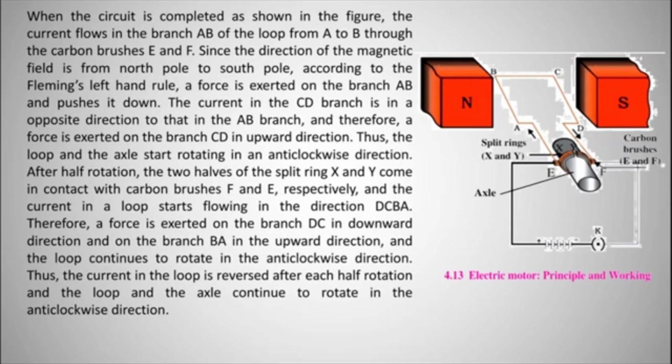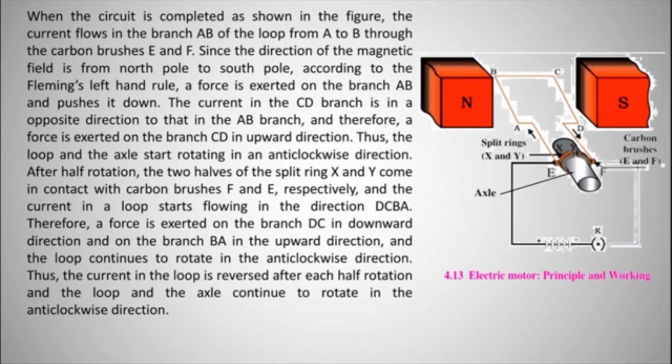Therefore, a force is exerted on the branch DC in downward direction and on branch BA in upward direction. And the loop continues to rotate in the same direction.